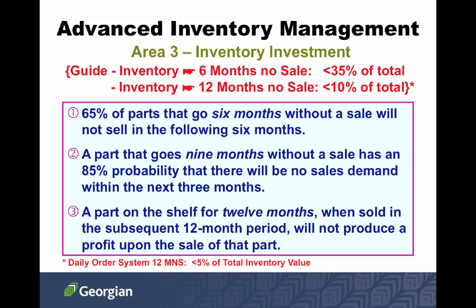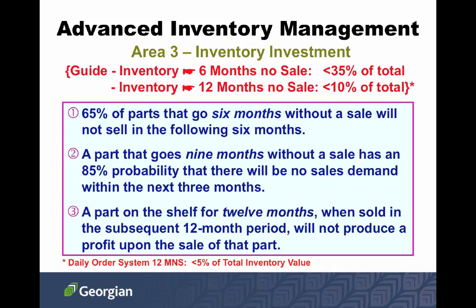Second, a part that goes 9 months without a sale has an 85% probability that there will be no sales demand within the next 3 months. 9 months, no sale. Okay, that's given the label of obsolete. In effect, even if I have 1 sale in the remaining 3 months, it still would not qualify for stocking. So it's obsolete.